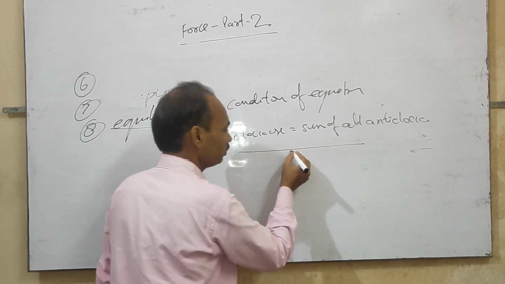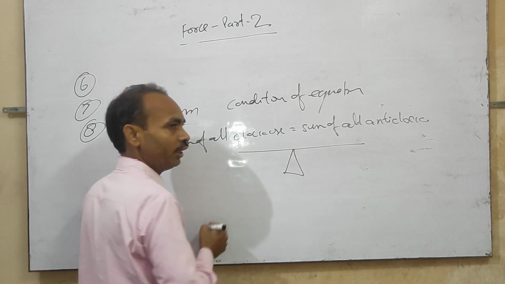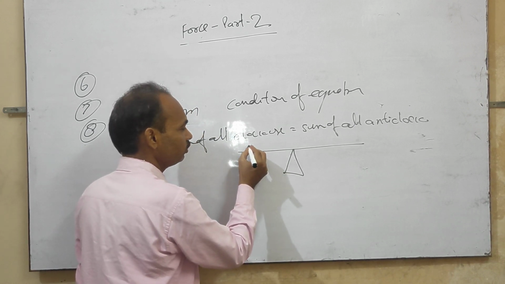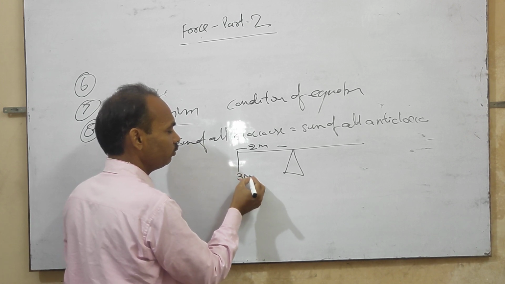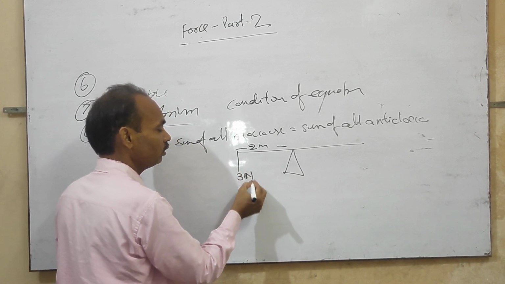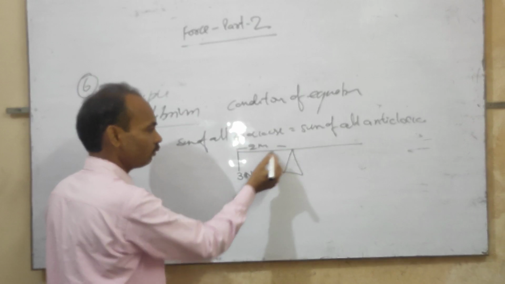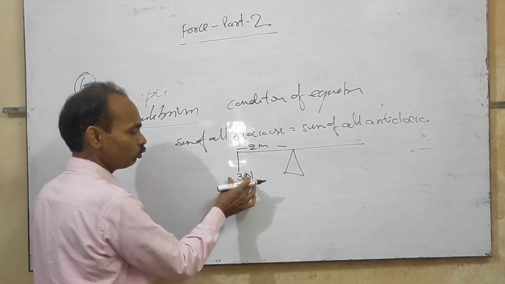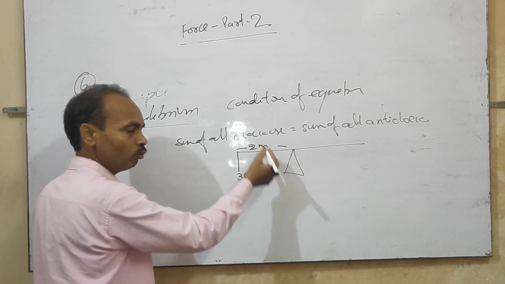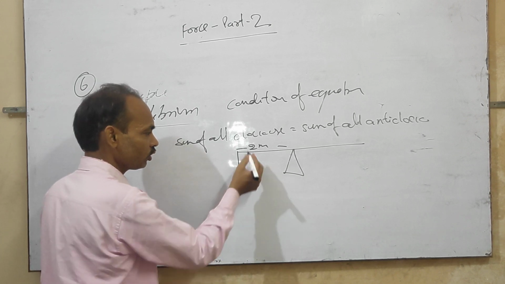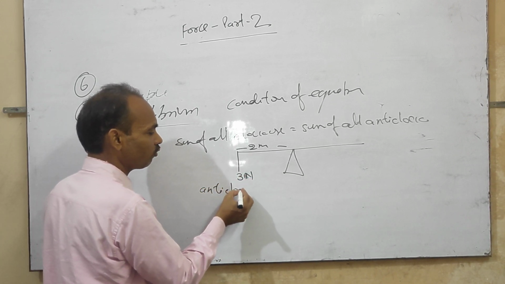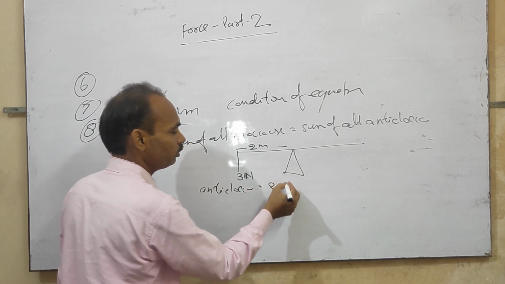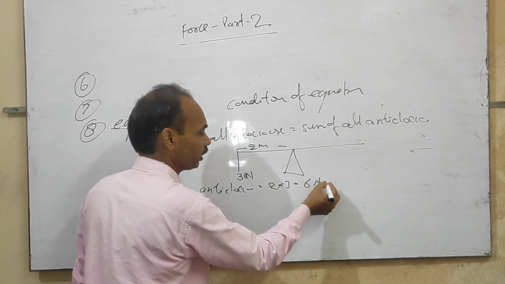Suppose there is a scale, and at 2 meters a weight of 3 Newton is applied. Then what is the moment of force? Due to this weight, the body will move anti-clockwise. The anti-clockwise moment is 2 into 3, equal to 6 Newton meter.